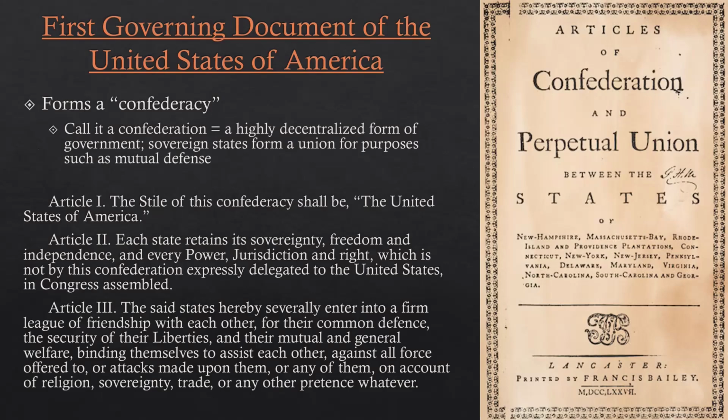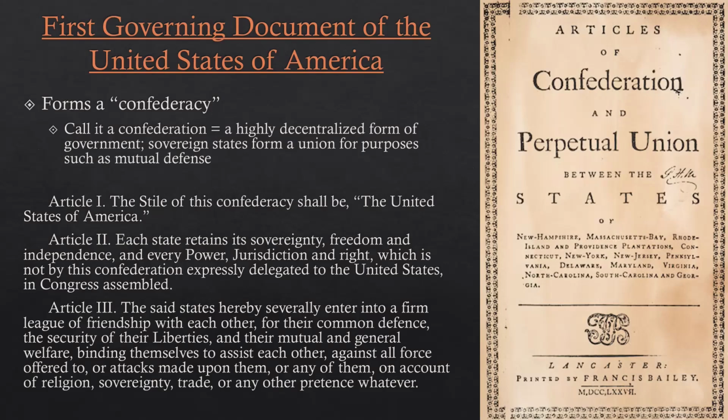Unity is very limited. They do call themselves the United States of America, but the emphasis would be on states and not united. They were like 13 nations, essentially, who have their own government system in place. They just get together to take care of one another, essentially, on the world stage.